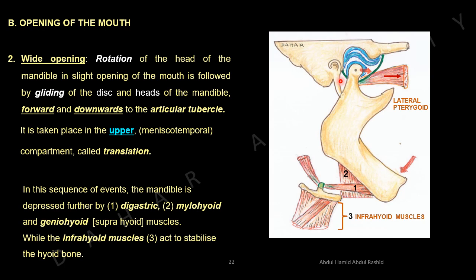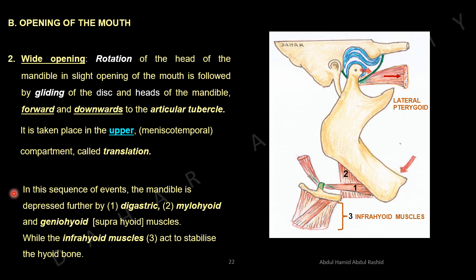That means in wider opening, the head is now together with the disc glides forwards to beneath the tubercle. It is taken place in the upper, that is meniscotemporal compartment, and called translation.